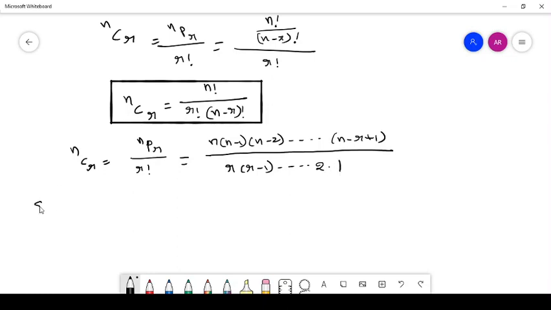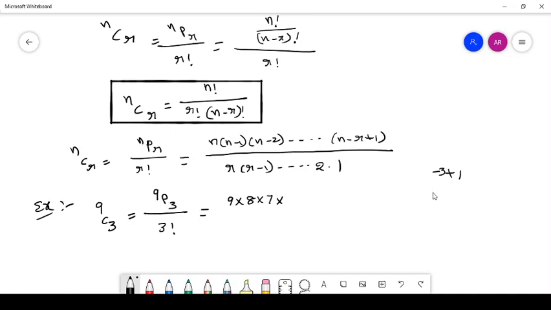So for example, 9C3. Here the value of n is 9 and the value of r is 3. So 9C3 can be written as 9P3 by 3 factorial. 9P3 can be written as 9 into 8 into 7 into up to, here r is 3, so minus r plus 1 is minus 3 plus 1, which is minus 2.